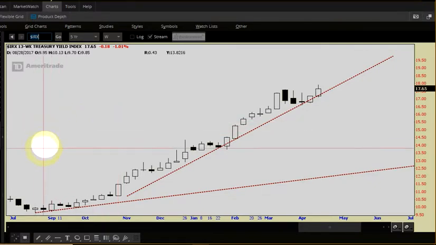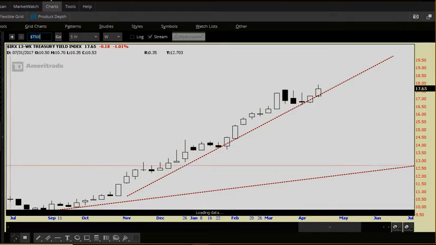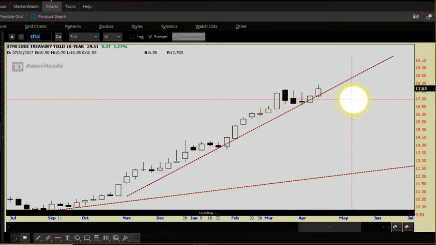tend to utilize. So if you're looking at the 10-year Treasury, let's look at that real quick.